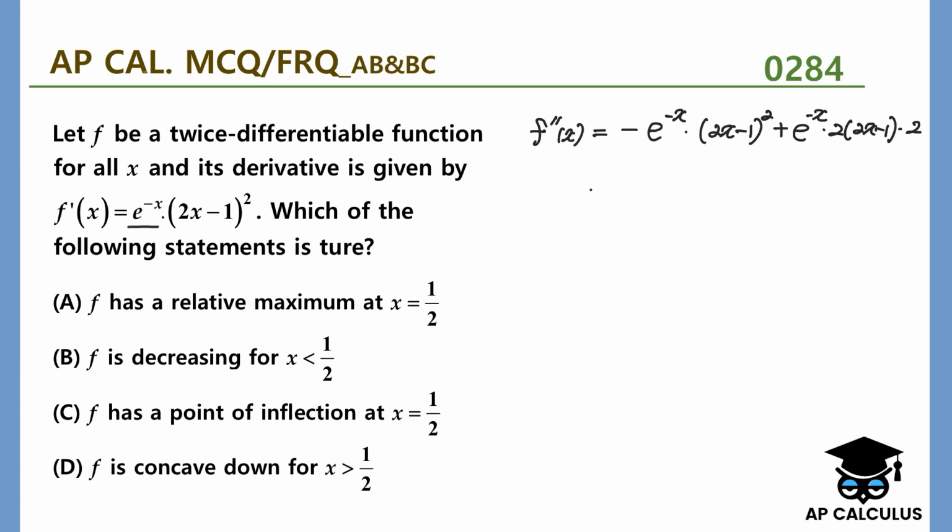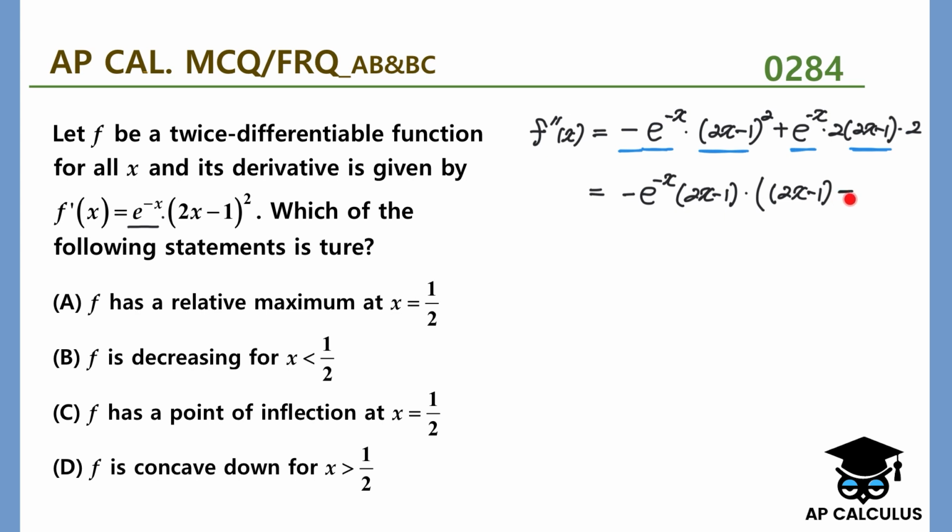So f double prime is equal to, here we have the same factors, e to the negative x and 2x minus 1, right? And with this negative, I'm going to factor out negative e to the negative x, (2x minus 1), and inside here we have (2x minus 1) squared, so we must have one more (2x minus 1), minus, since we took out a minus here.